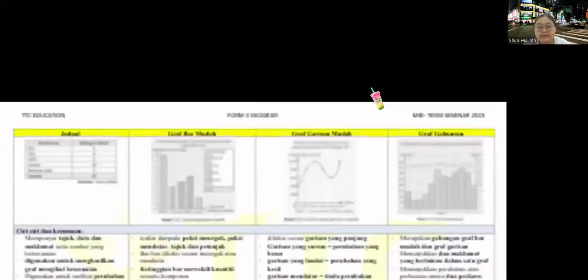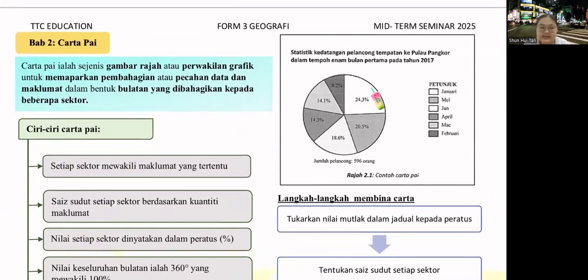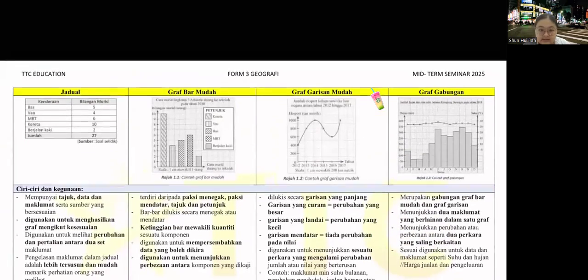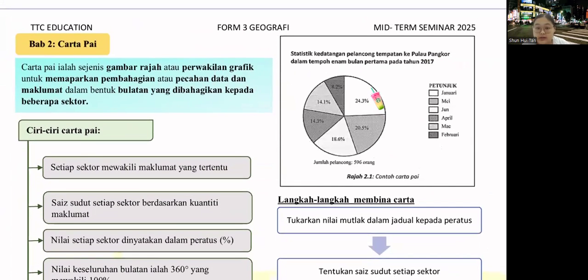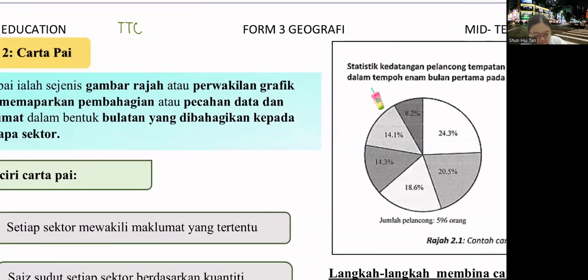Now, oh yeah, one thing, okay? Cause I didn't do chapter 1 and chapter 2 revisions for this seminar. If you feel that you need chapter 1, chapter 2, you may go to the TTC website.